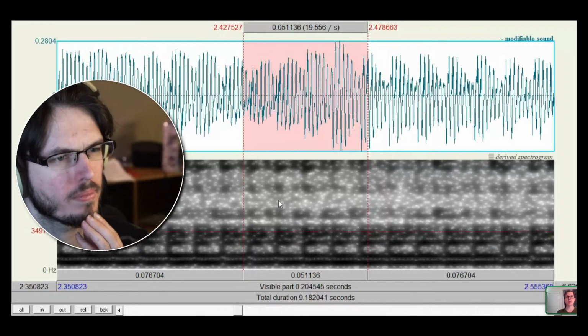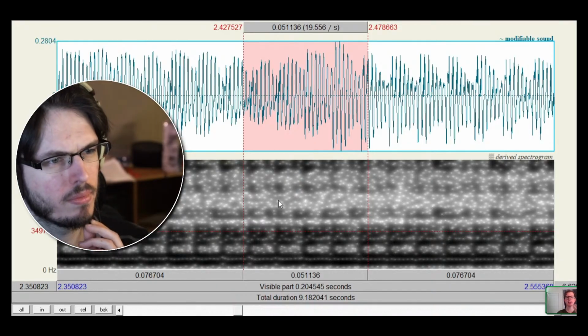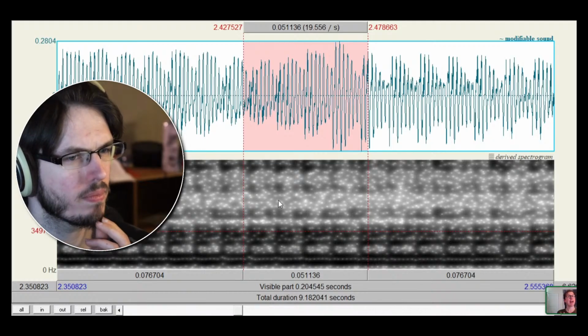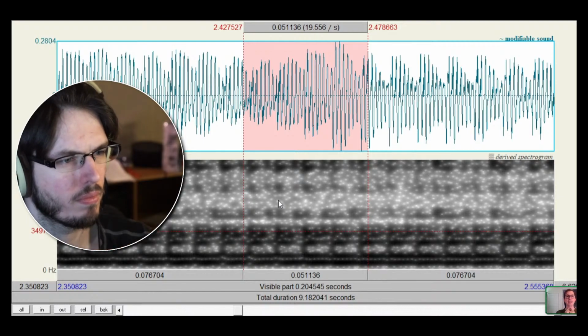Because of how I studied beatboxing for all of my scientific work, I focused more on the movements of the tongue, the lips, the velum and the larynx, how these things are moving around in the vocal tract. I never had a very good view of the very tiny movements and details of what's happening in the larynx.